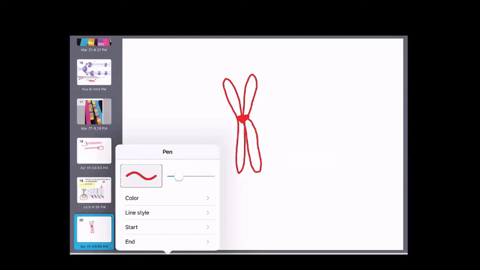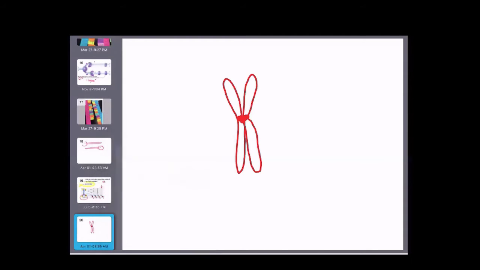So just a quick review, when we think about the actual structure of a chromosome, we like to draw them as X's, but that's just a representation of what they look like. They don't exactly look like that, but chromosomes have different parts, and the part that holds them together is known as the centromere.